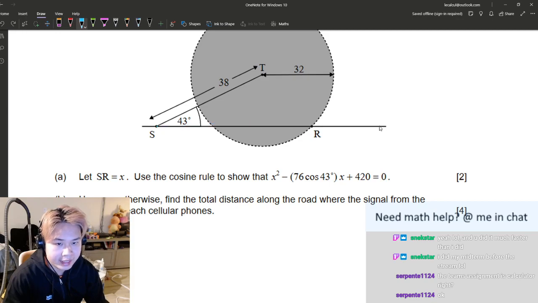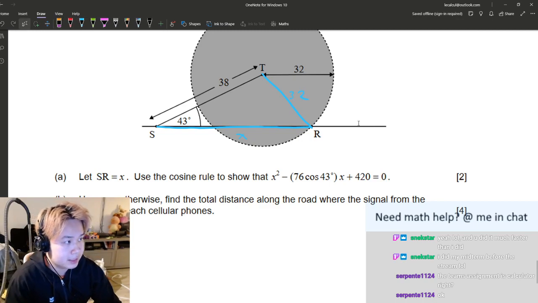So we know that S to R is x, not 8x. And what we can do is create a non-right triangle. And luckily this is the radius of a circle, so that's 32. And we know that this side is 38, so we can use cosine law, I guess, to show this.